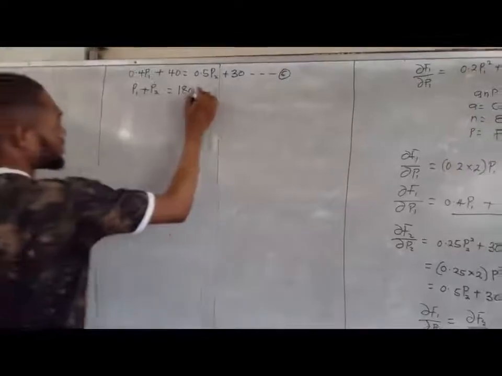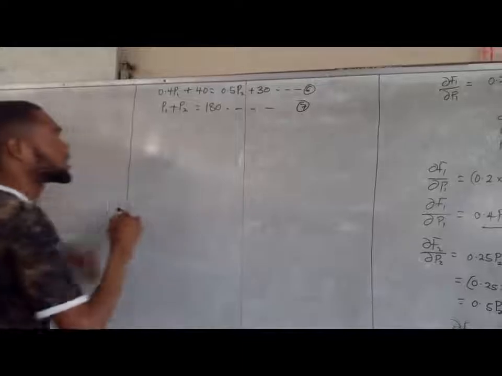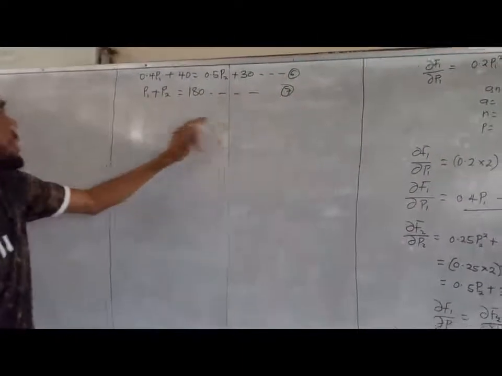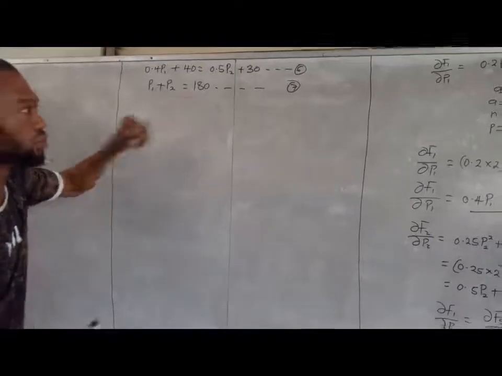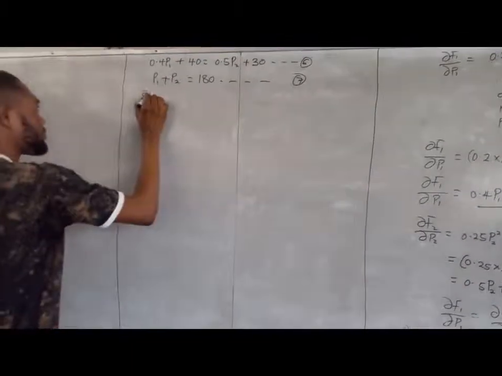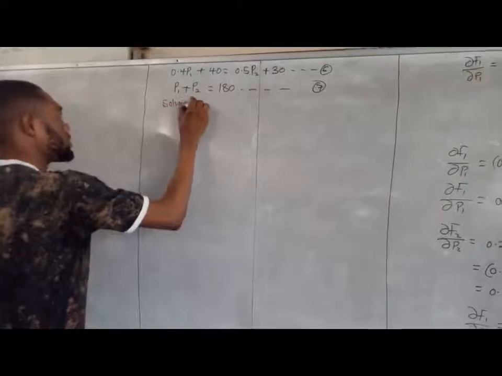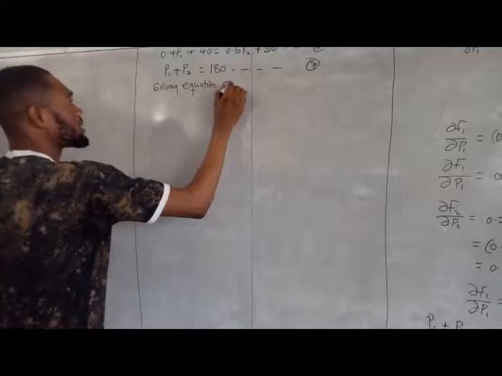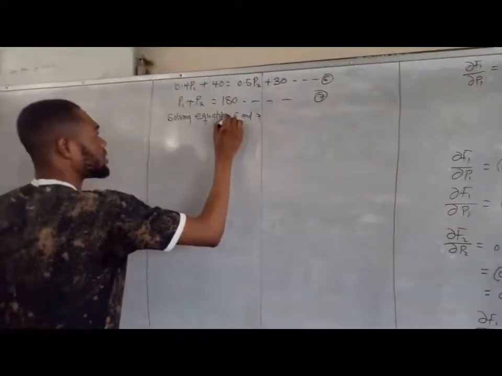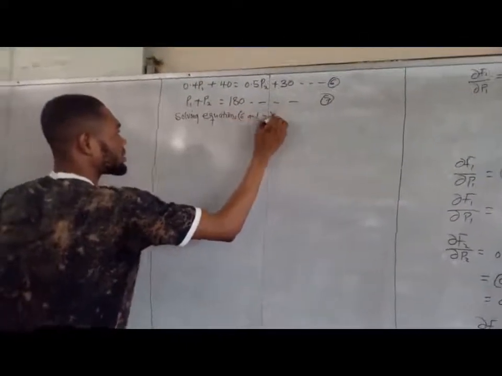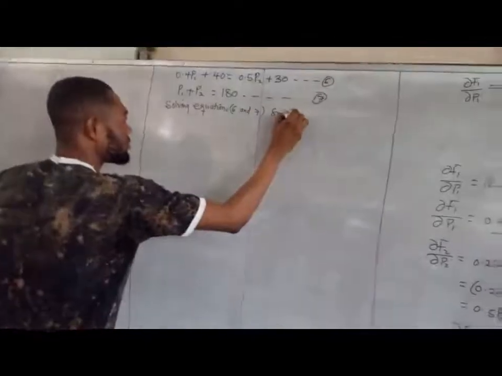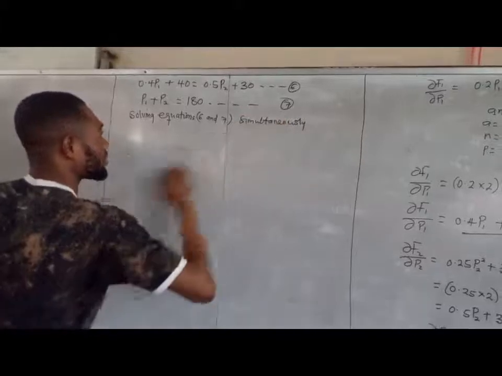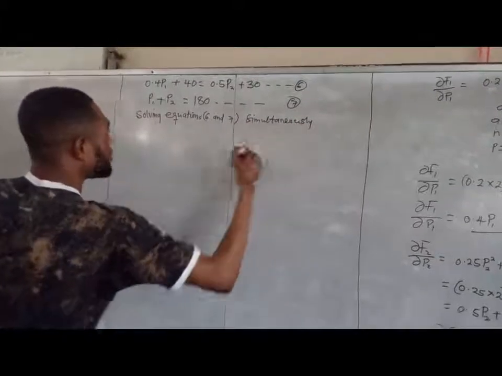So now we are solving these two equations, equation 6 and 7, simultaneously to get the values for P1 and P2.